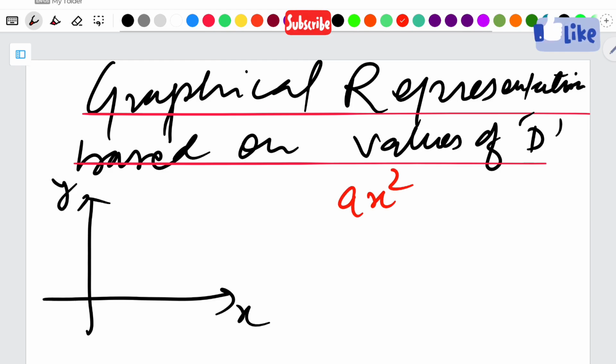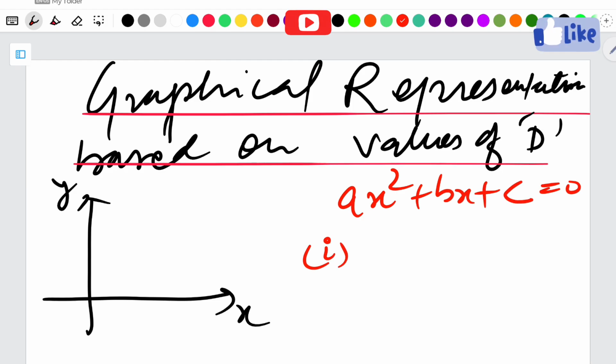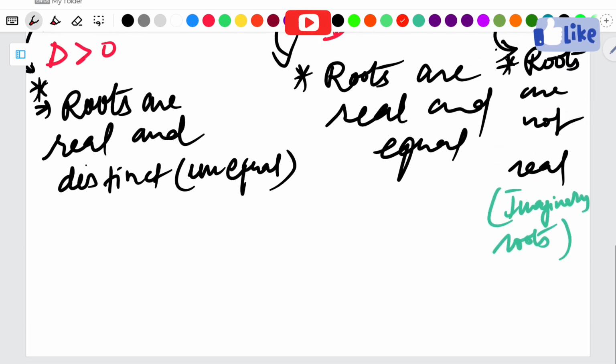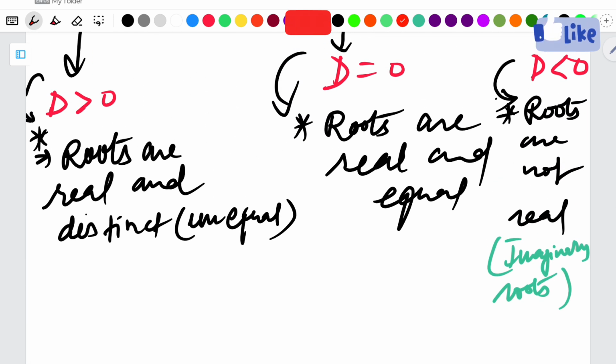Quadratic equation is ax square plus bx plus c is equal to 0. Now first thing is A is positive and D is also positive. Now see here, D is positive means what? Roots are real and distinct.